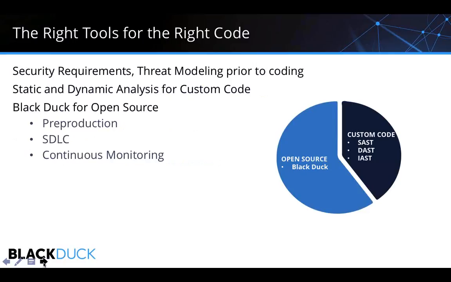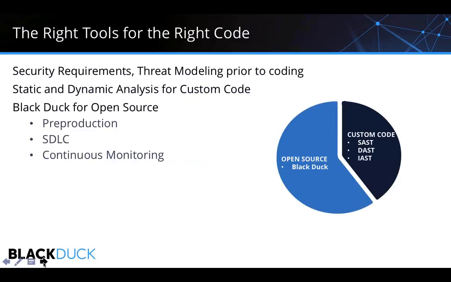So if we accept as a best practice that organizations are going to be doing security requirements along with functional requirements, and that they might be doing threat modeling, thinking like an attacker, seeing how you who know the code might approach it as an adversary, that's going to help. But then use the right tools for the right job. Recognize that you need things like static and dynamic analysis to work on the code you write.